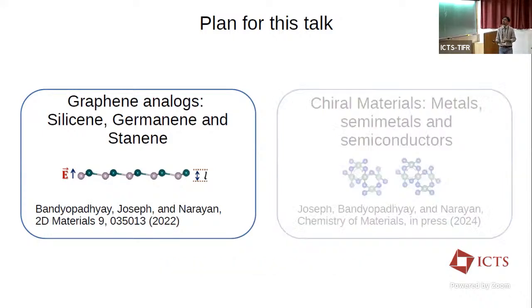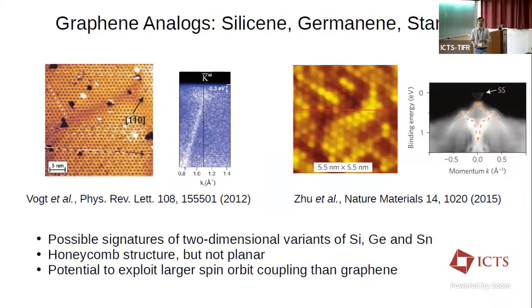Okay, so let's start with the first part. Let me just very briefly introduce this class of materials. Very soon after graphene was exfoliated, people started thinking about whether other elements in the same group can show similar low-dimensional structures. It turns out that some of these do. For instance, silicon, germanium, and tin all lie below carbon in the periodic table.